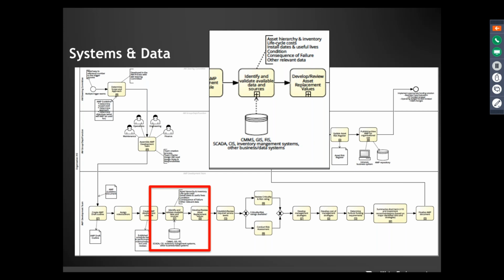We also utilized a text notation within this process map to list some examples of the data and information types that would be relevant to an AMP, such as the asset hierarchy, life cycle costs, installation dates, useful lives, definitely the condition, and any consequence of failure or any other relevant data to an AMP.